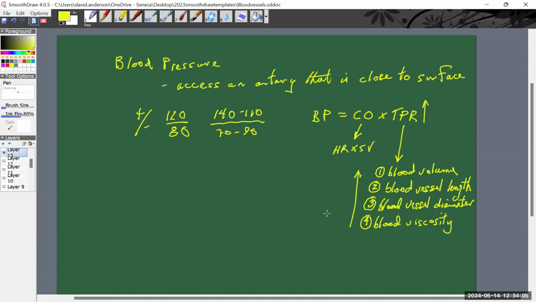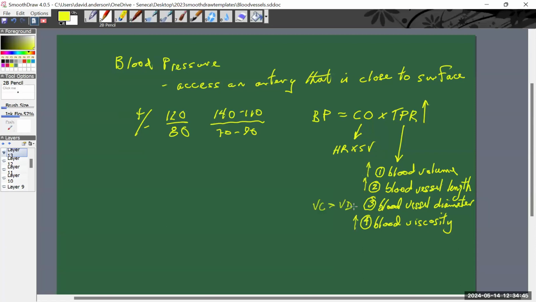Well, I guess actually I should probably clarify that a little bit. So we would say if blood volume is up, if blood vessel length is up, if blood viscosity is up, but with blood vessel diameter, what we're talking about is if total peripheral resistance is going to go up, it's because there is vasoconstriction more than vasodilation.